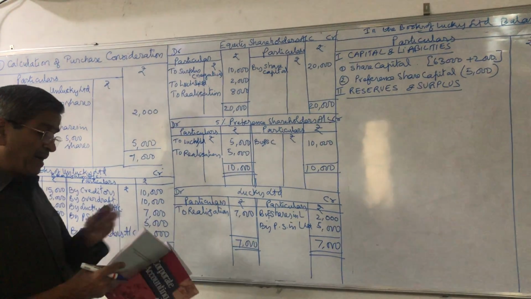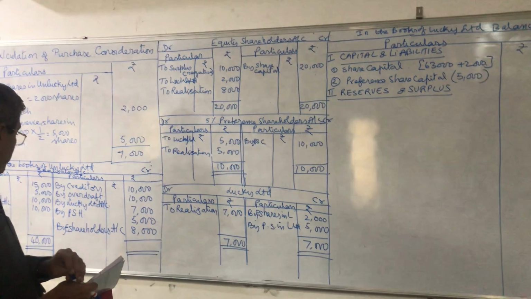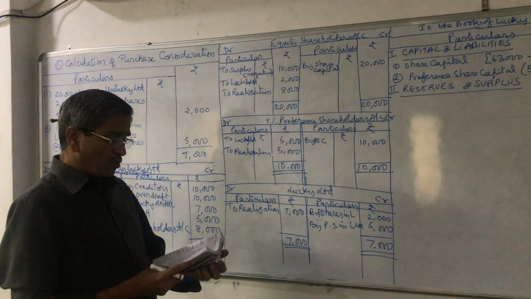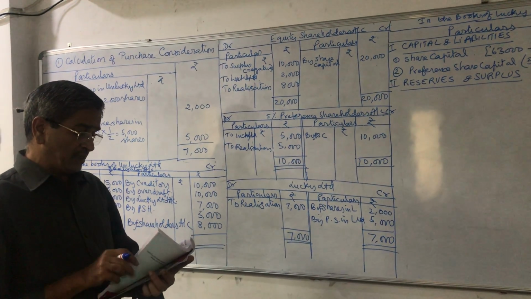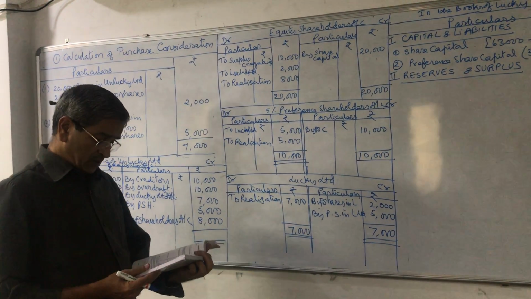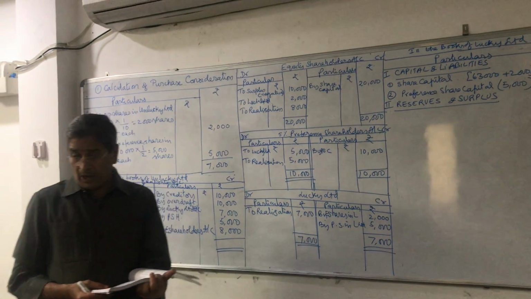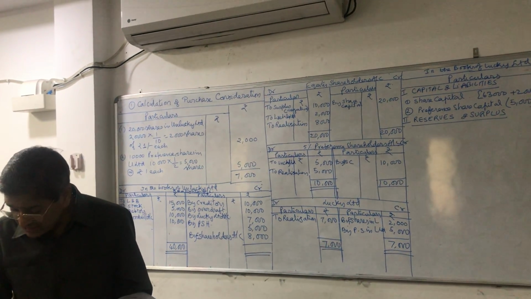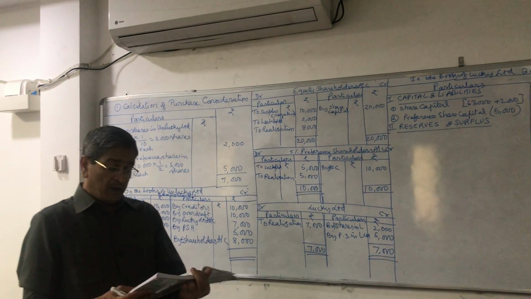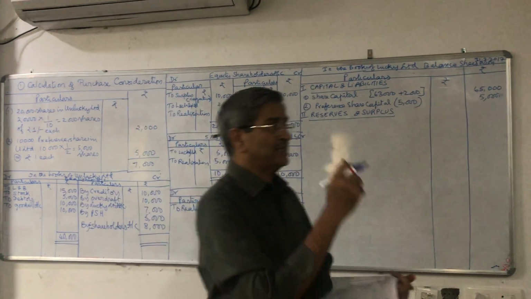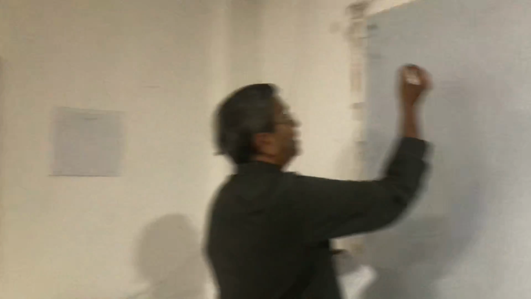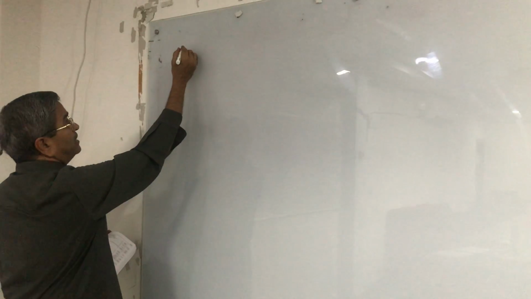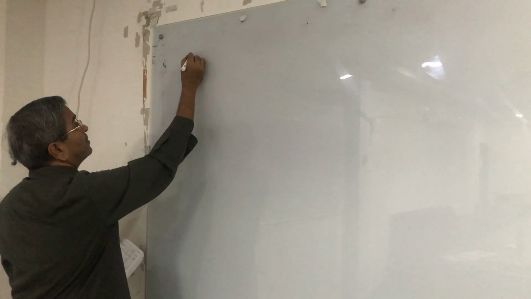So that part is the important part which we need to do in the working notes if necessary. So reserves, if you look, capital reserve 30,000, general reserve 30,000. But we should know how much we are gaining or how much we are losing. This can be done by looking to the value of assets we are acquiring from the company. Because we are not writing the journal entries, we should calculate here.